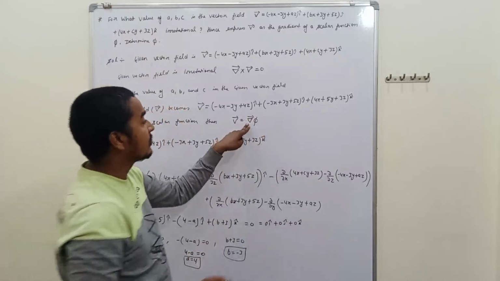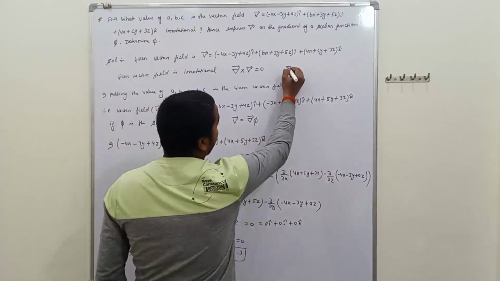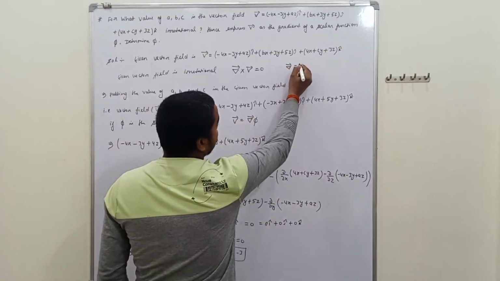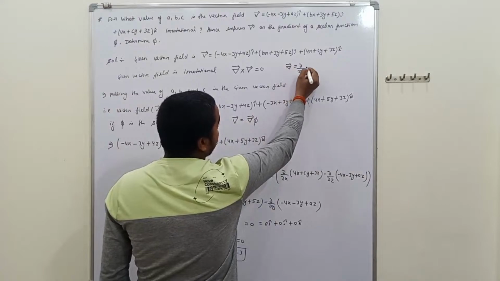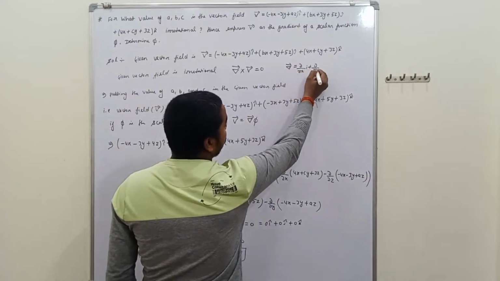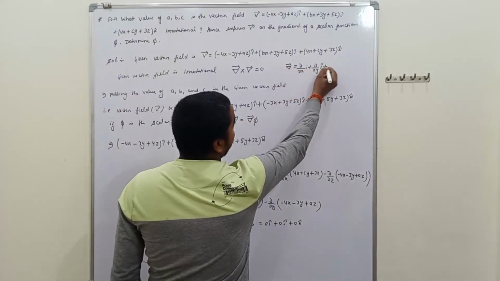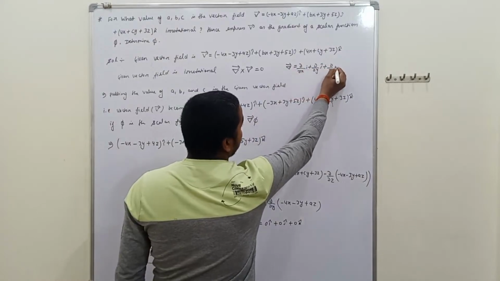Del operator is given by del upon del x i cap plus del upon del y j cap plus del upon del z k cap.